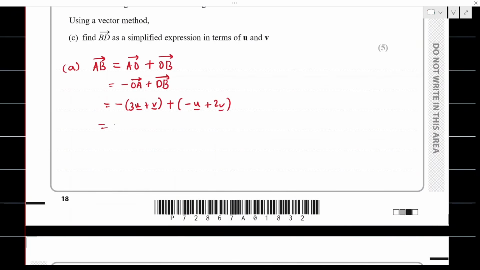Now I can expand, and this gives us this expression. I can simplify this to get our final value for AB. So minus 4u minus v plus v. This is our expression for AB vector. AB vector is equal to minus 4u vector plus v vector.